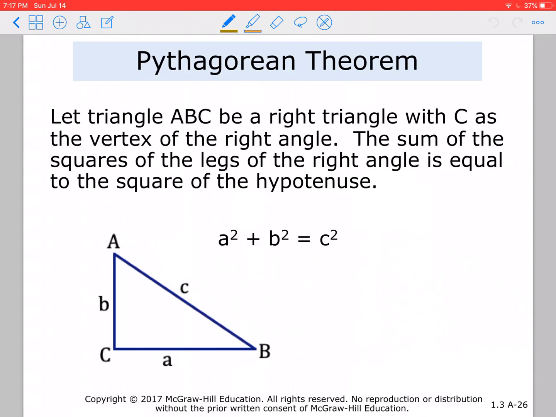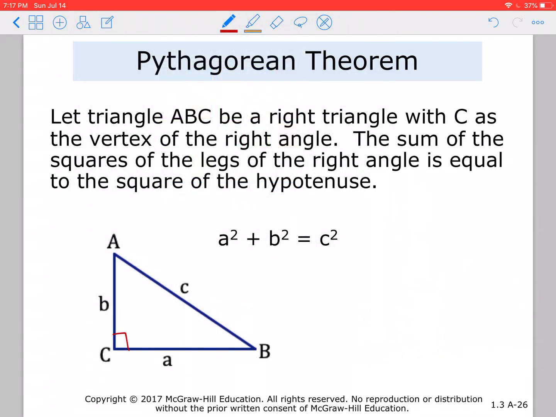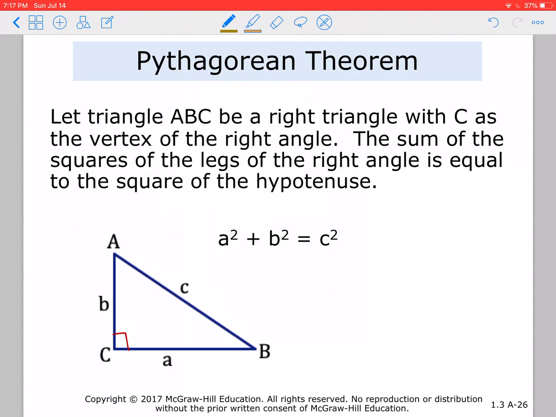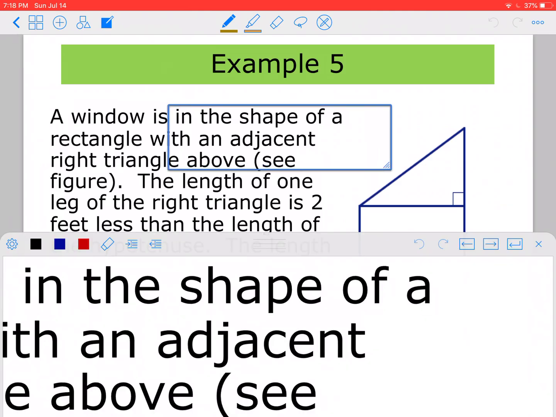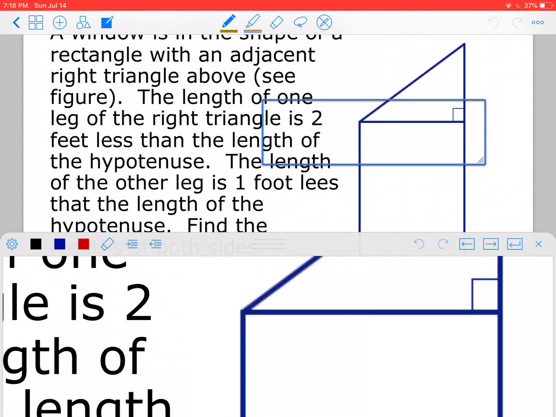Next, we're going to use the Pythagorean theorem. So if you'll remember, the sum of the squares of the legs is equal to the square of the hypotenuse, or a squared plus b squared equals c squared. So a window is in the shape of a rectangle with an adjacent right triangle above.